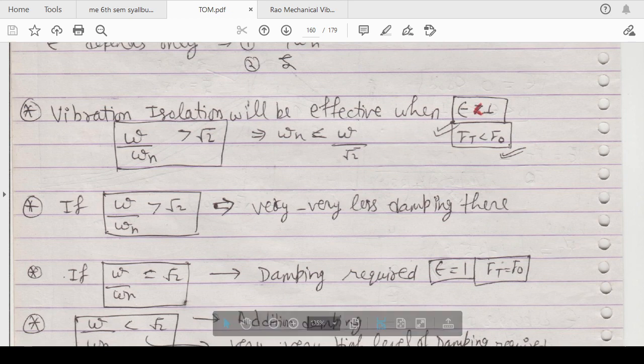Now the vibration isolation will be effective if epsilon is less than 1, or omega by omega n should be greater than root 2. That's why. And if omega by omega n is less than root 2, then there is very little damping there.